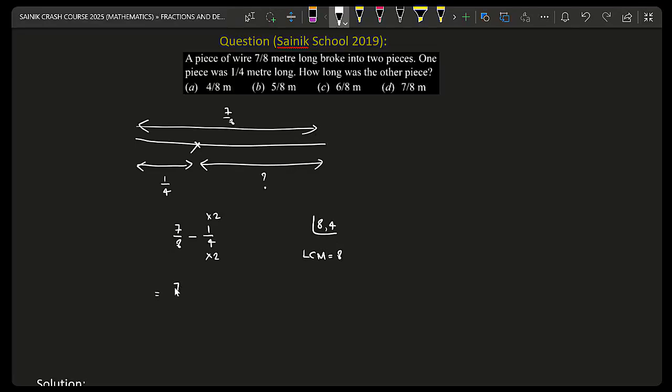So this is 7 by 8 minus 1 into 2 is? 1 into 2 is 2. And 4 into 2 is? 8. Now they are like fractions. Now we can subtract. What is the answer? Sir, 5 by 8. Which option is correct, Vamshika? Sir, option B. Okay, very good, Vamshika. You can mute yourself. So all of you can copy this very simple question of subtraction.